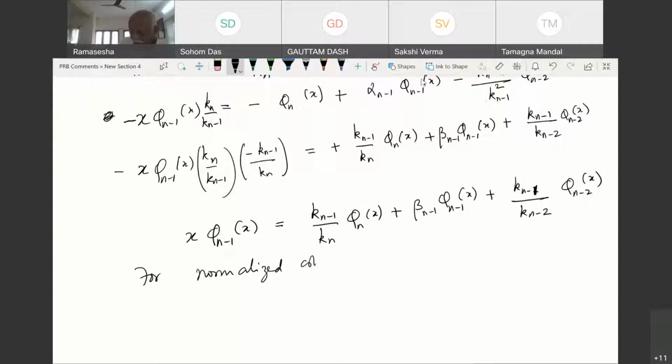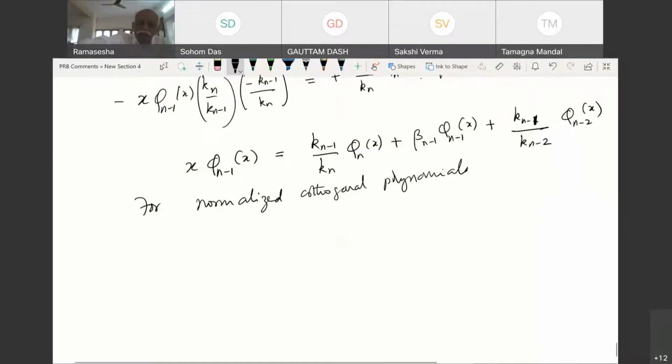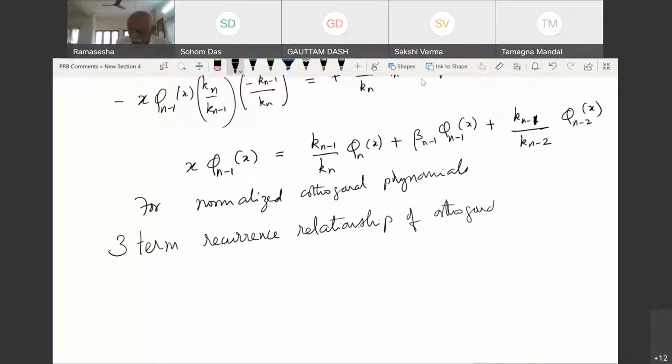I have intentionally written down normalized, especially this will have a slightly different form. If it is not normalized, it can be some constant, but you will always have a three-term recurrence relation. So this is known as the three-term recurrence relation of orthogonal polynomial.